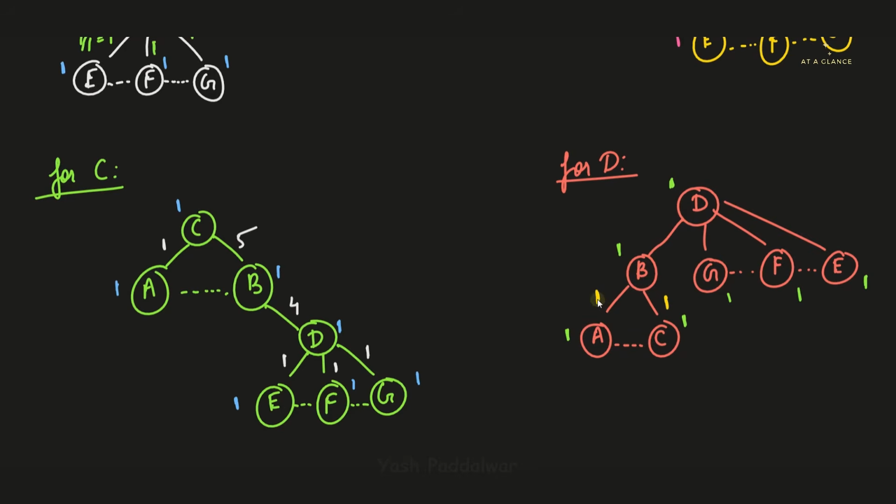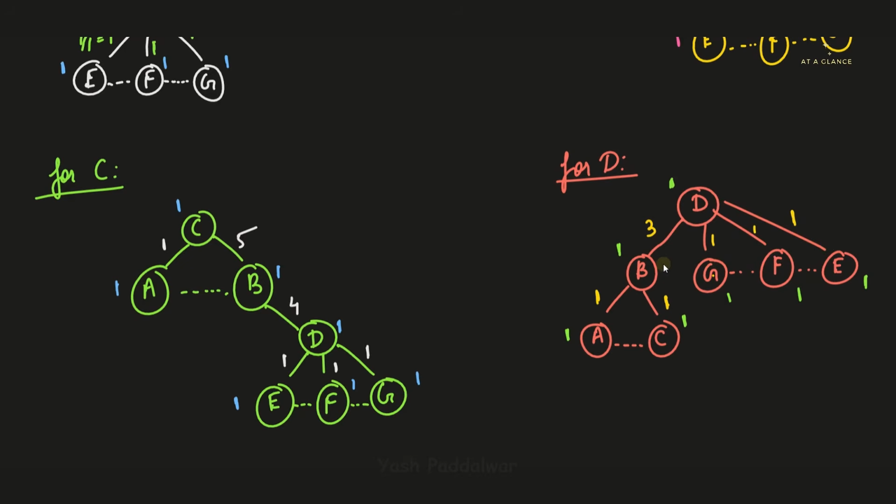So over here, it is 1 and 1. So 1 plus 1, it is 2. And then we also have to add the node weight of B, that is 2 plus 1 is 3. So let's write 3 over here. Now G, F and E, all these three are leaf nodes. So simply write 1 divided by 1 is 1, 1 divided by 1 is 1, and similarly over here. So this is the graph for node D.